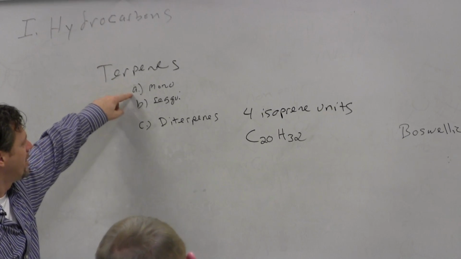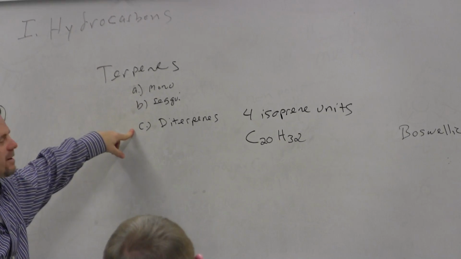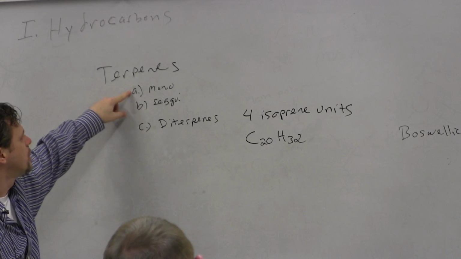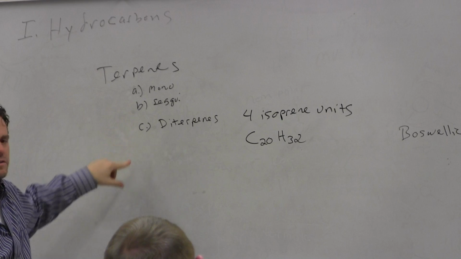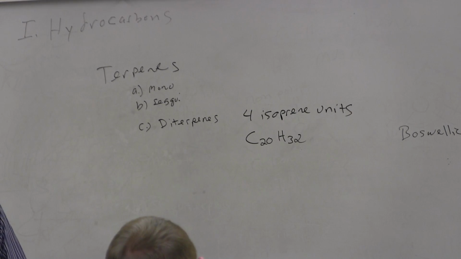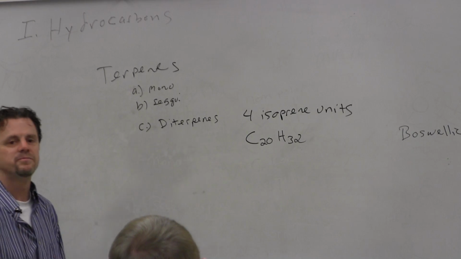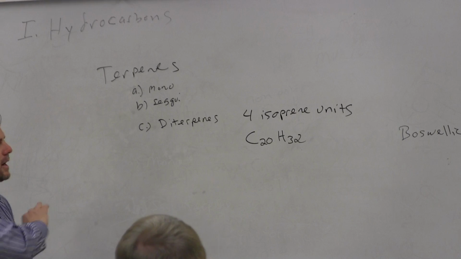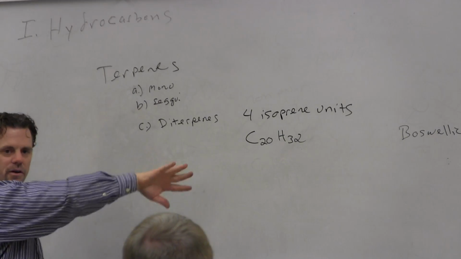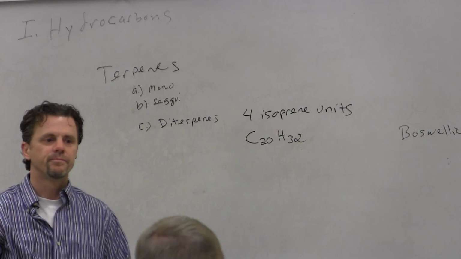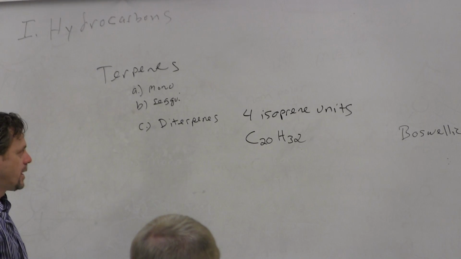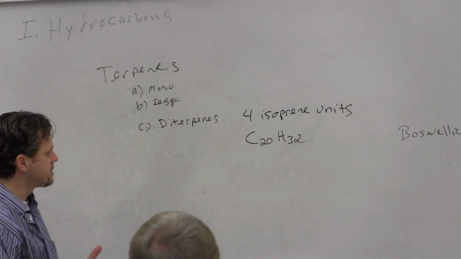Mono is 1... you've got mono, which is 2, di is 4, so it'd be 6. There's one in between there. That would be 5. But anyway, we don't see those either. So I'm not going to cover anything beyond diterpenes. That's all you're going to be responsible for knowing anything about. They are pretty minor components of essential oils.